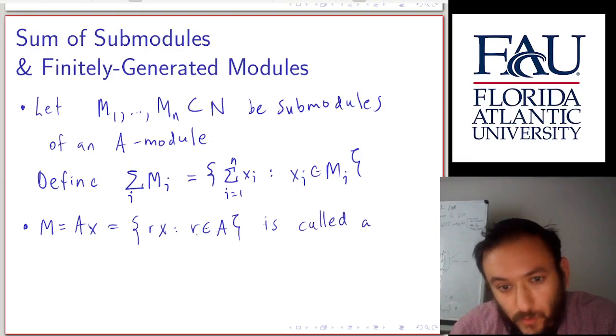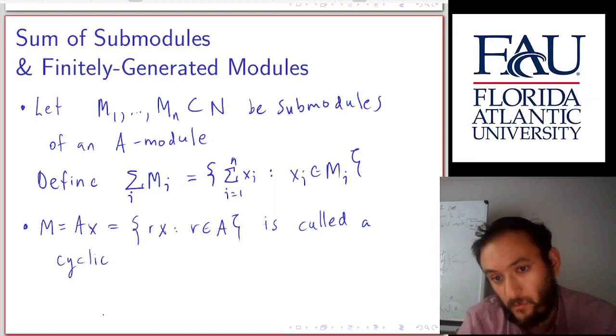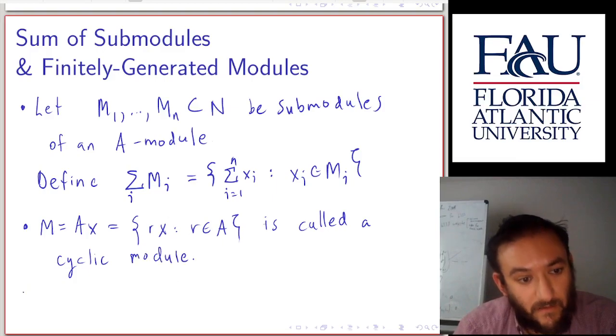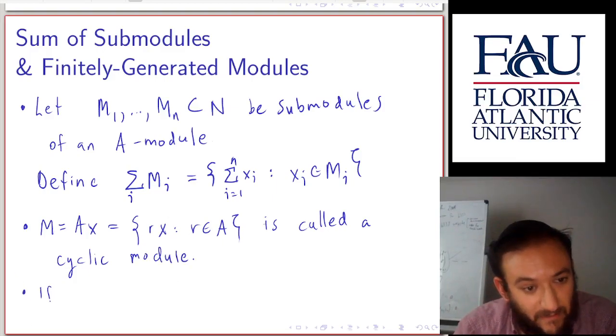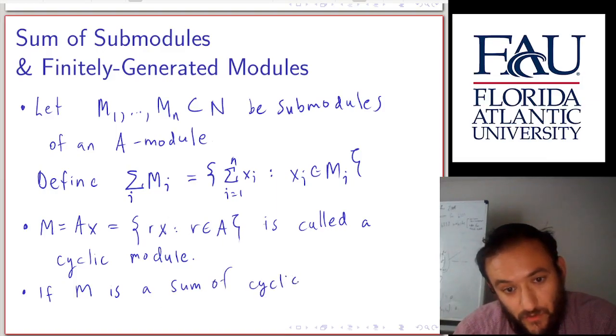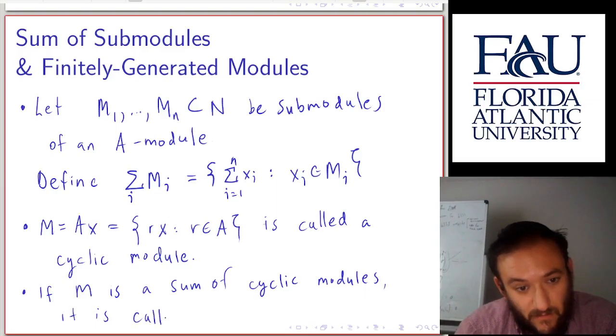Much like a cyclic group, it's generated by a single element, though with a cyclic group you only have the group operation, but here you also have multiplication by A. Okay, and if M is a sum of cyclic modules, it is called finitely generated. And finitely generated modules are going to be really important for us.